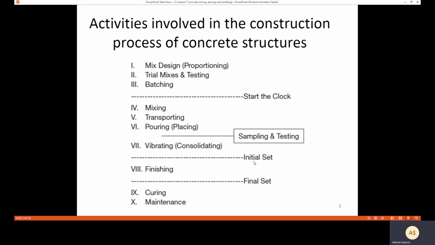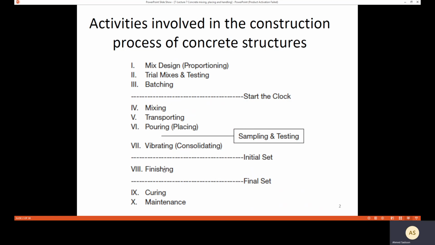Then between the initial and the final set, the finishing process should be done. In the finishing process, we'll make sure that the surface is smooth and level. The finishing process should be done before the final set. At the initial set, the concrete is going to start to lose its plasticity, and at the final set, the concrete has become completely hardened.